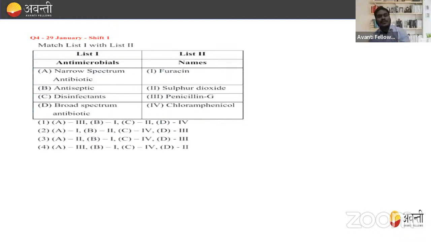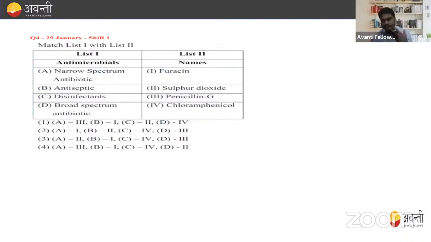Good. Narrow spectrum antibiotics are used against only limited pathogens, like penicillin, gentamicin. Antiseptic, we all know.